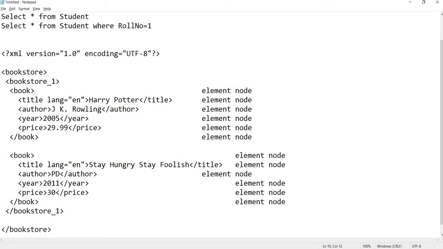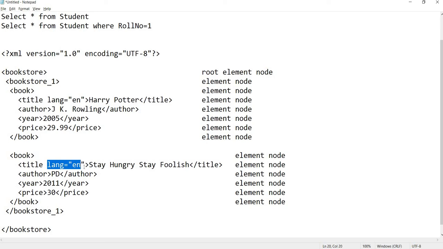Every other element is a node element. So bookstore underscore 1 is a node element, book is a node element, and title, author, year, price, all these are node elements. Then this lang equal to en is called an attribute node.